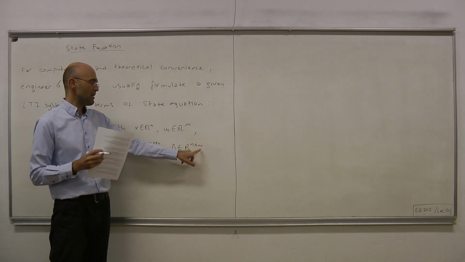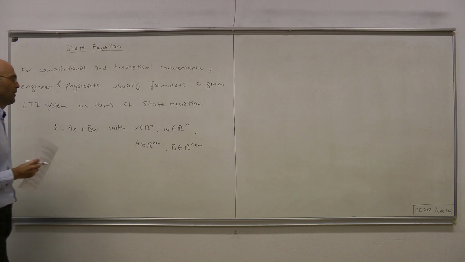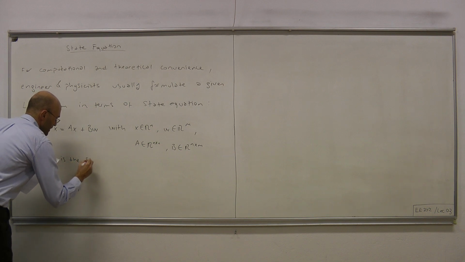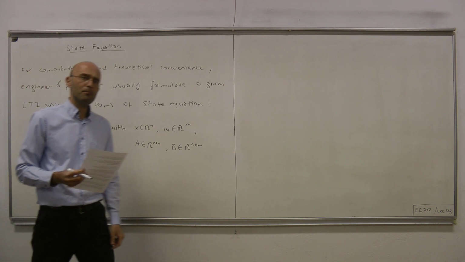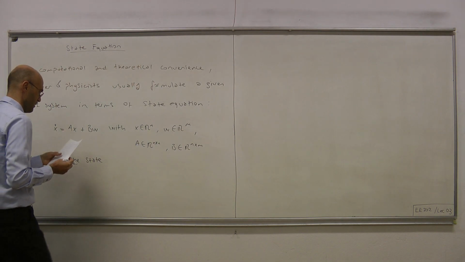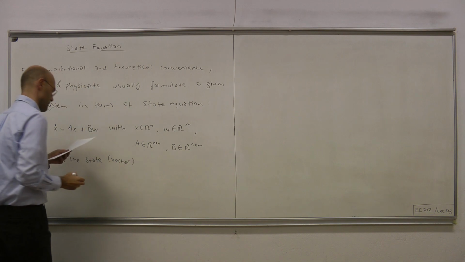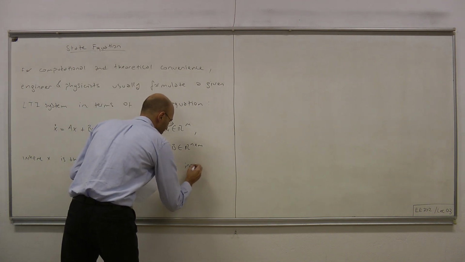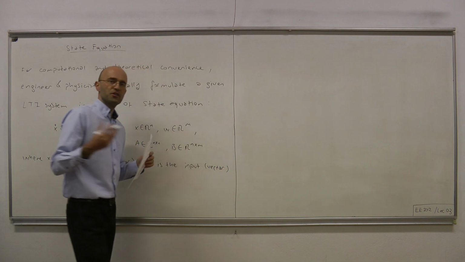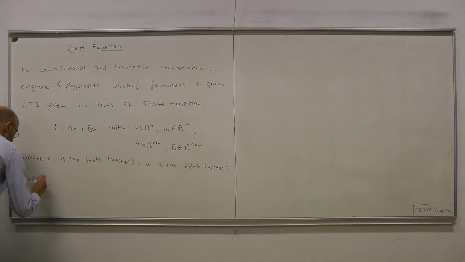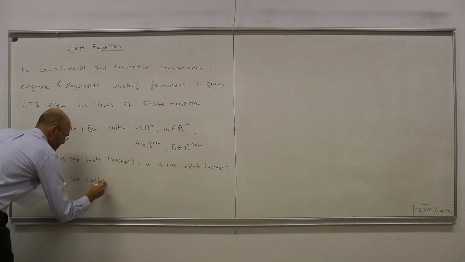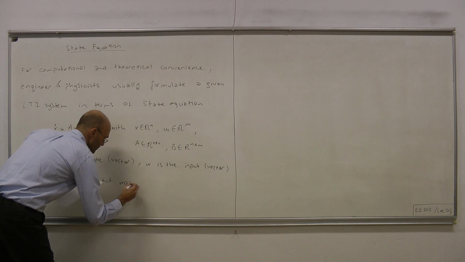Once again, n is the order of the system, and m is the number of individual scalar inputs that we have in the system. x is the state vector, but sometimes we just drop the word vector and call it state. w is the input vector, or in short, simply input, and matrices A and B are fixed. They're constant matrices.